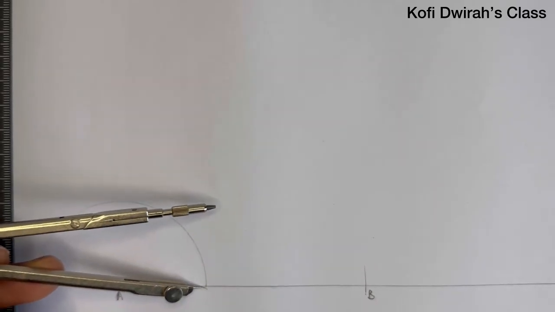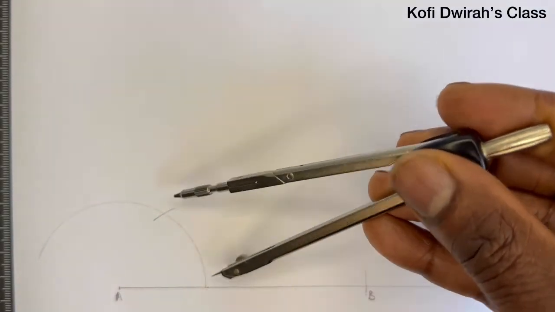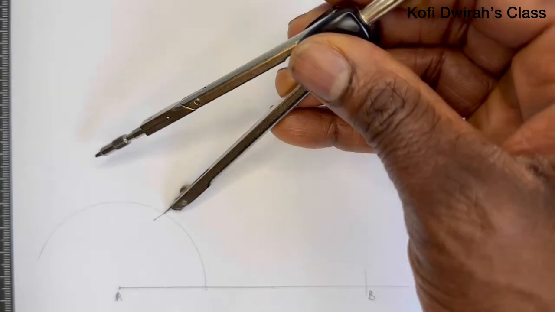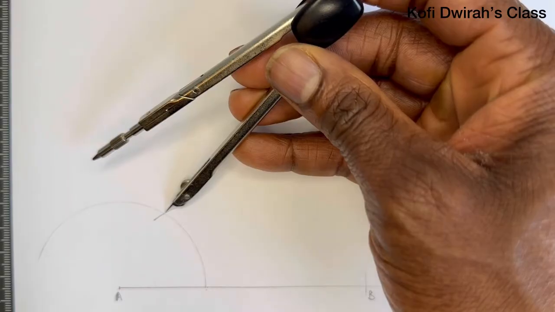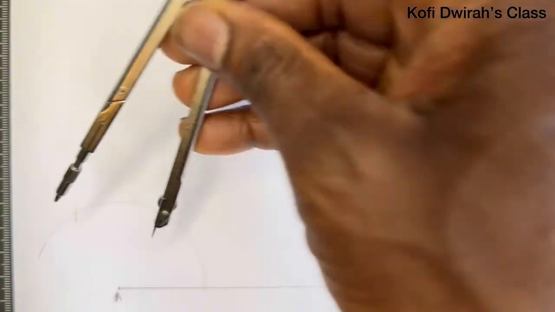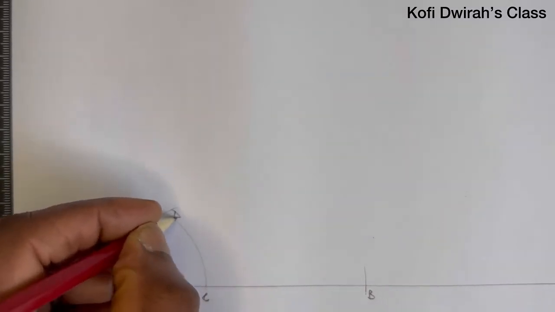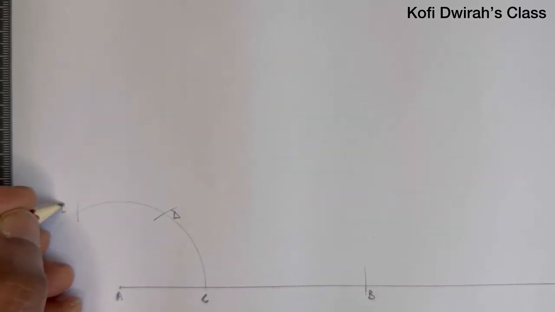At this point, you draw another arc. The same radius at this point, you draw another arc. So we have this point to be point C, point D, and point E.